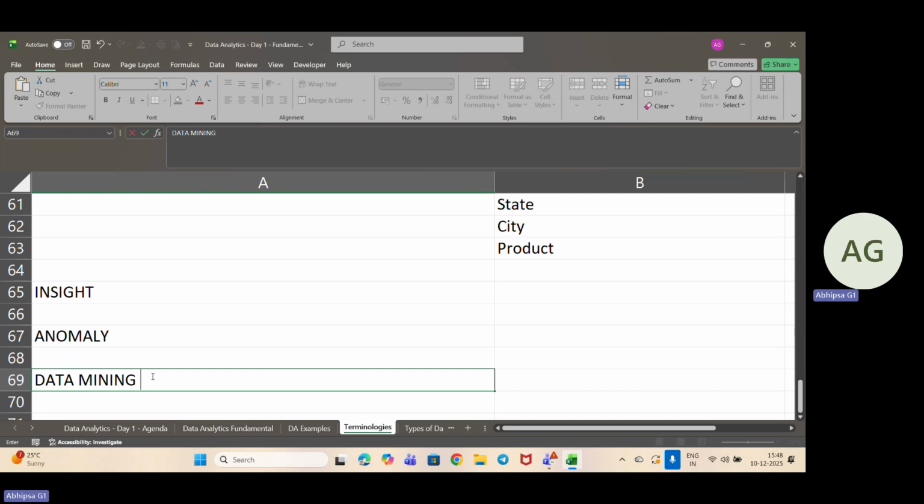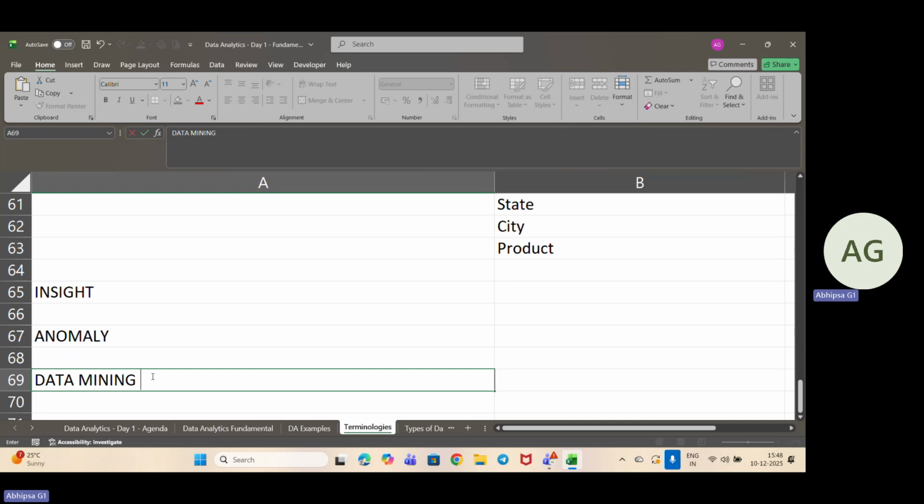To find this insight, we need to go deep down into the data and analyze everything to find this connection: a child who goes to the toy shop has a likely chance of visiting the grocery shop to buy chips with a cold drink. So that is data mining.